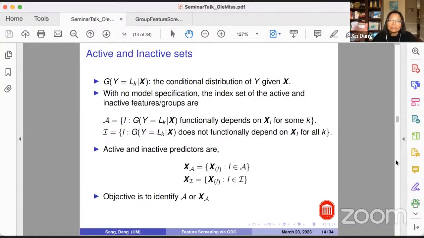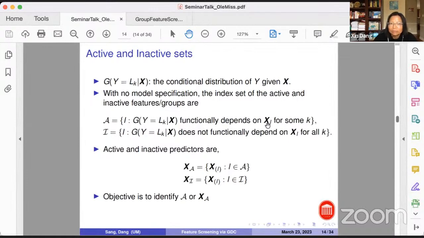Given your X, G is the conditional distribution of Y. We call it the importance set or the active set, it is the index of the group of features that this conditional distribution given X functionally depends on.